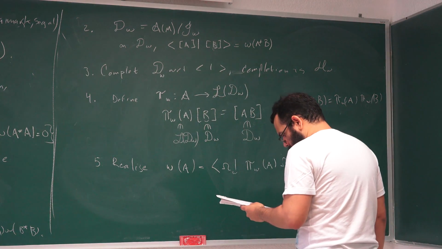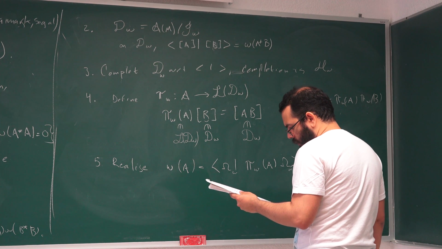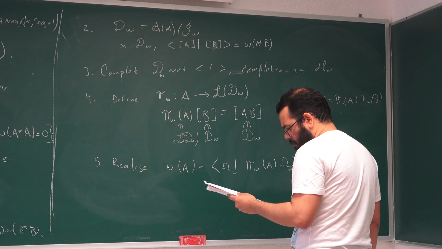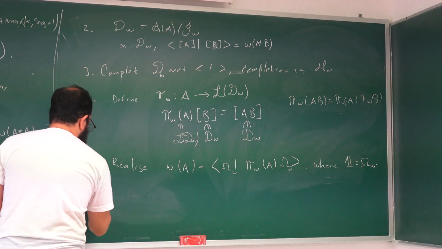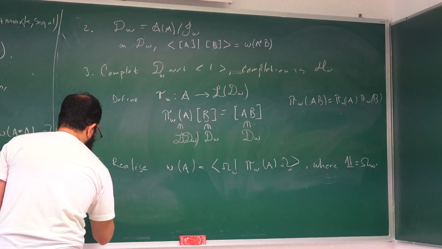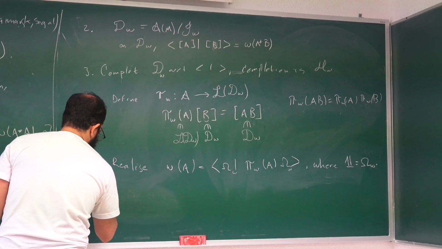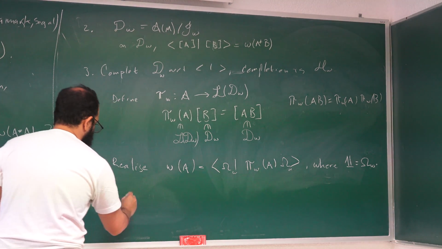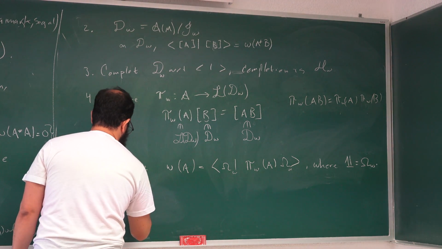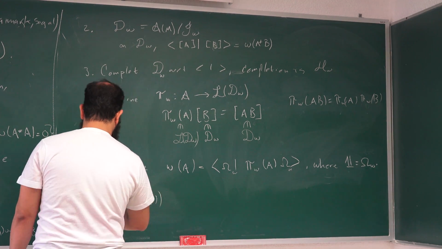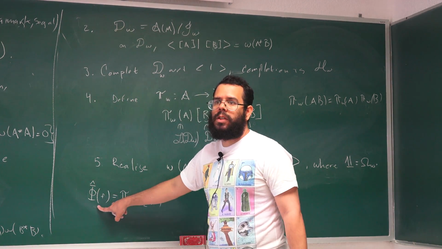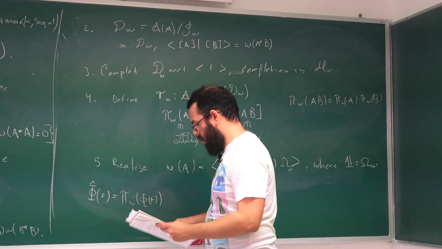Right. So finally, let me introduce some notation just so that you feel more at ease, perhaps. I'm going to call this an operator on a Hilbert space. It's just some notation.